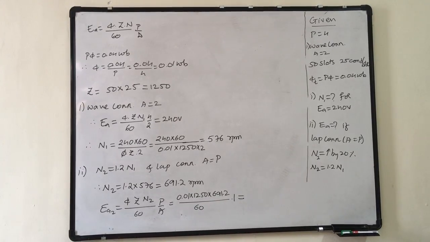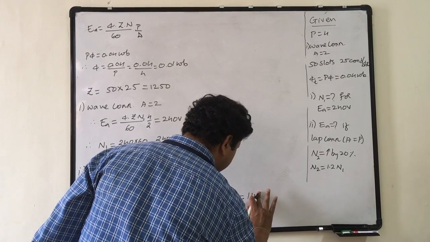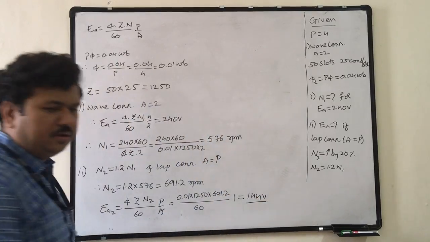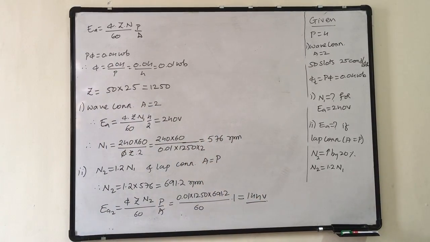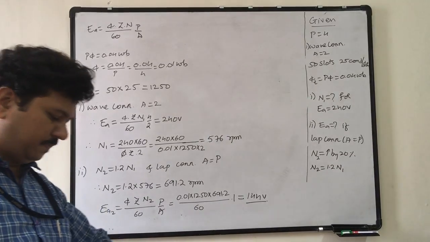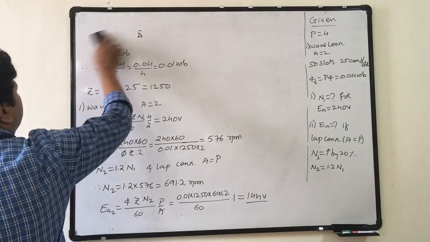So it is 144 volts. The new induced EMF is 144 volts. So this is the solution of the third example. We will move to the next example, example number 4.